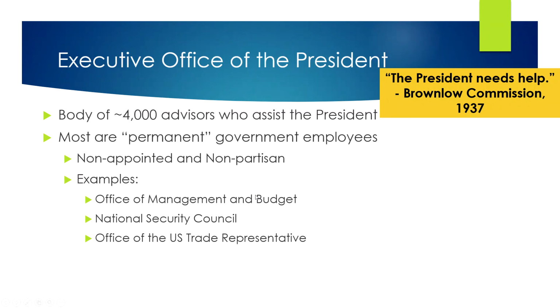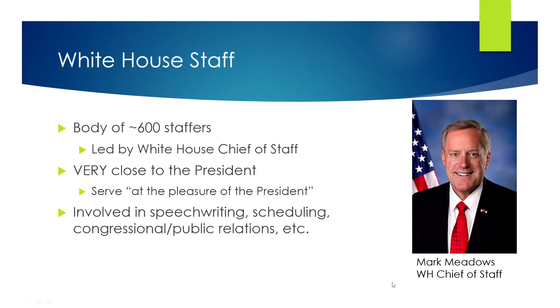Also under the Executive Office of the President is the White House staff. Now the White House staff is smaller, right? These are 600 people or so, and these are individuals who do serve at the pleasure of the president. So these are the people closest to the president.